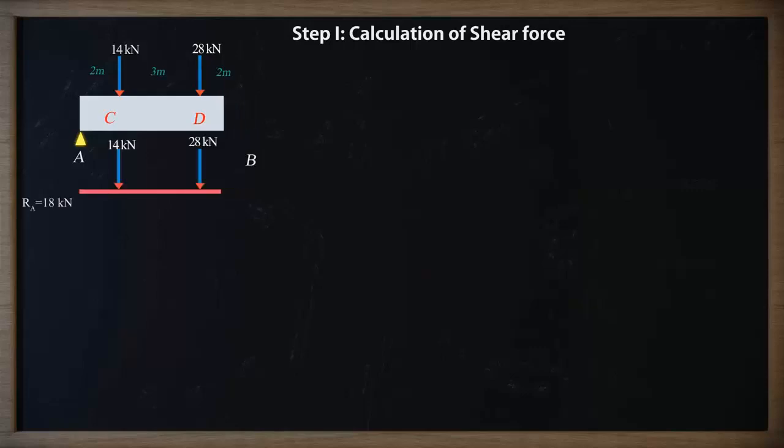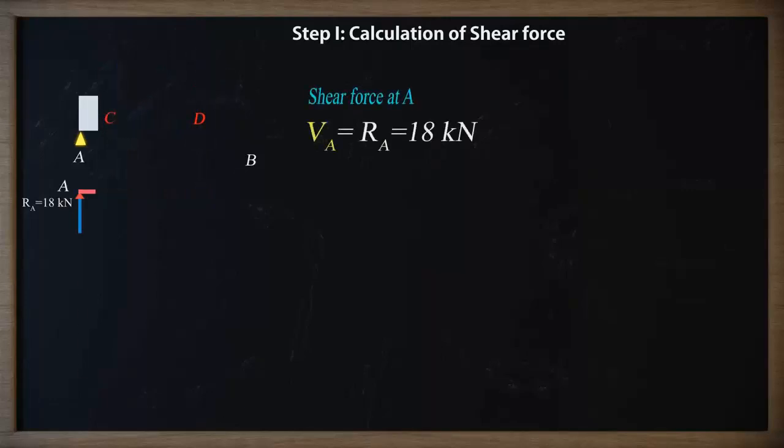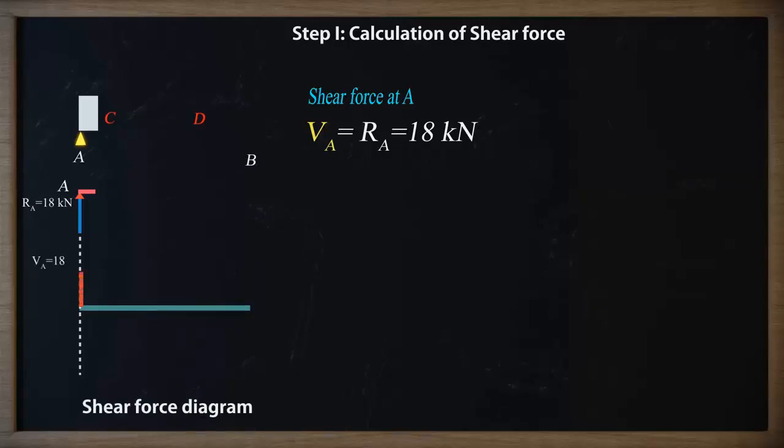At start, we'll hide all the loads and the beam portion to the right side of point A. So shear force at point A equals reaction at point A, which is 18 kN. As this is going upward, shear force diagram will show 18 kN above x-axis like this.